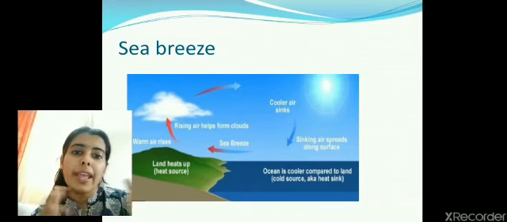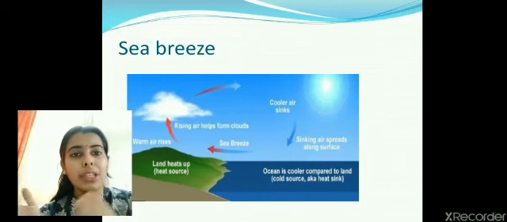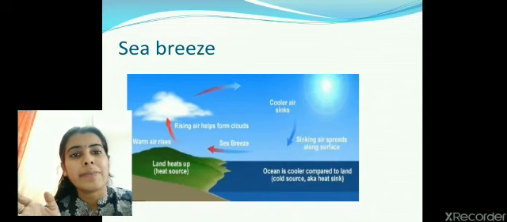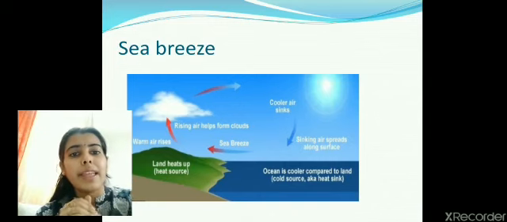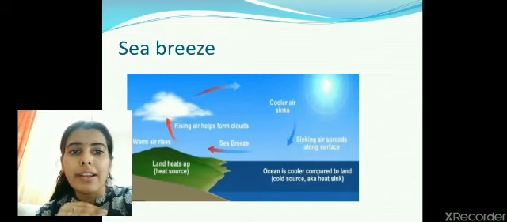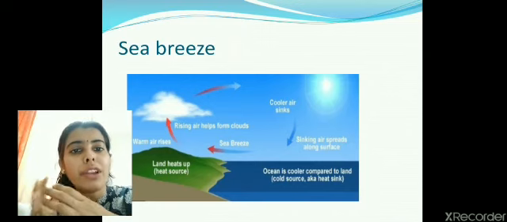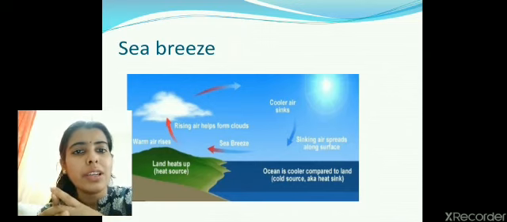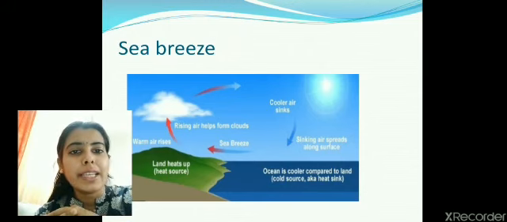So the cool air which is blowing from the sea to the land during the daytime is called sea breeze. That is why the people living in the coastal areas construct their houses where the windows are kept facing towards the sea, so that during the daytime they will be getting sea breeze, and during the night time what will happen?